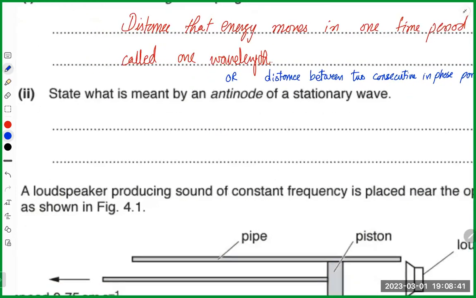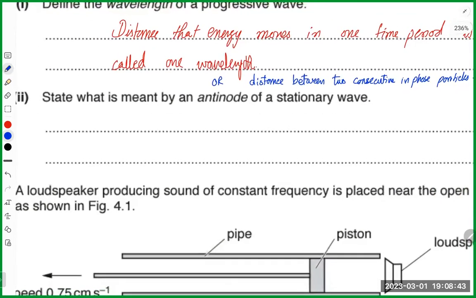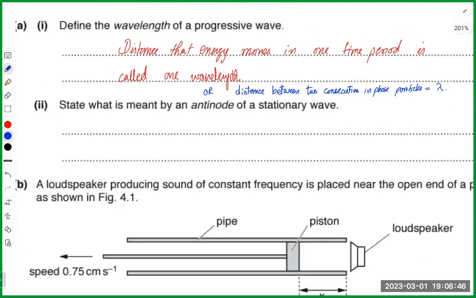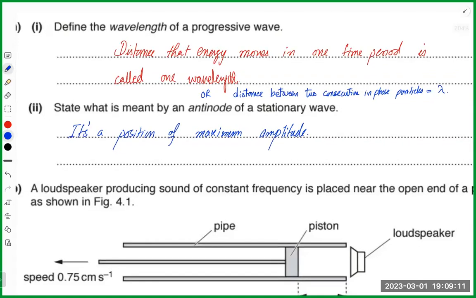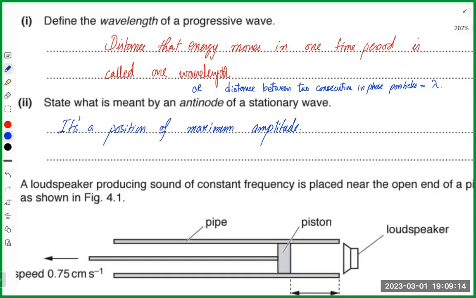Now, state what is meant by antinode of a stationary wave. It is a position of maximum amplitude.